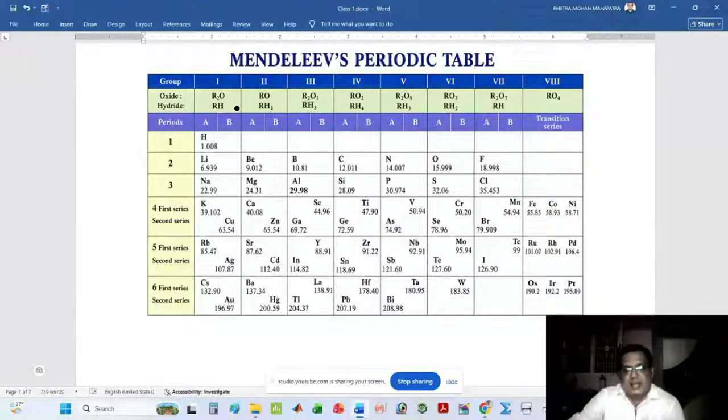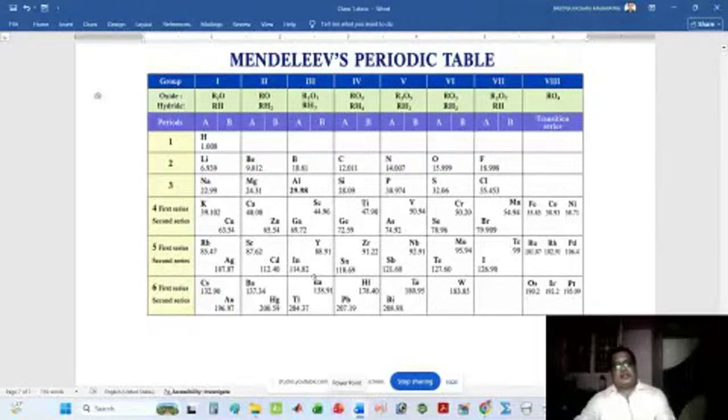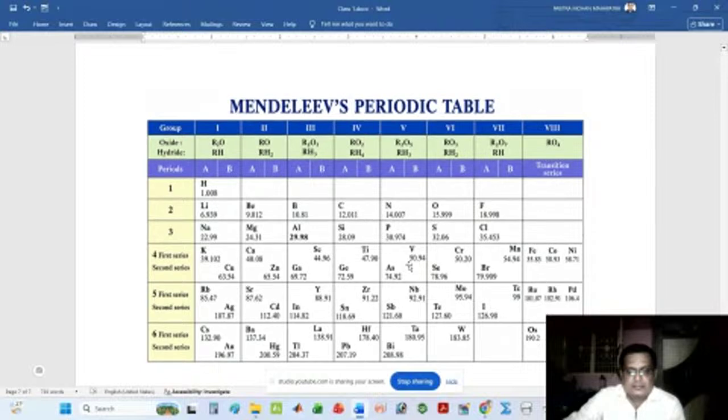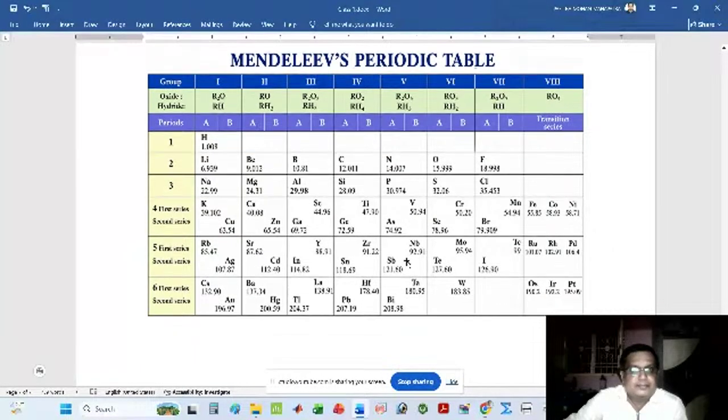Here the elements are arranged as per their atomic mass. This is your Mendeleev periodic table.